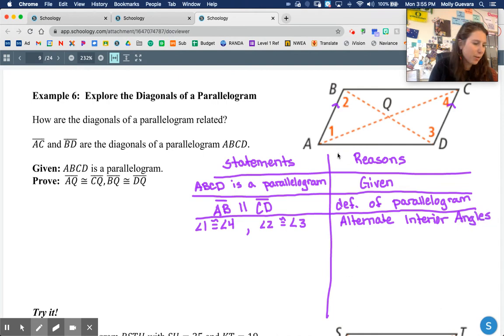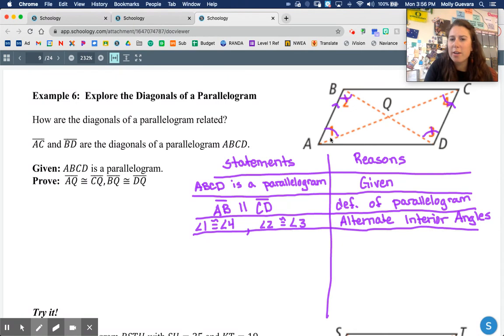Okay, so I'm going to draw that in then as well. Cool. So this angle and this angle are the same. And then this angle and this angle are the same. Okie doke. So I know that these two angles are the same, so that's exciting, okay?